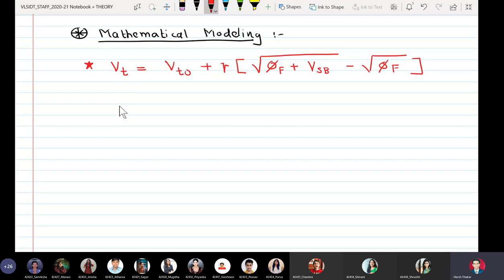So Vt equal to Vt0 plus gamma into under root of phi f plus Vsb minus under root of phi f. So what are these terms? Vt is the threshold voltage.